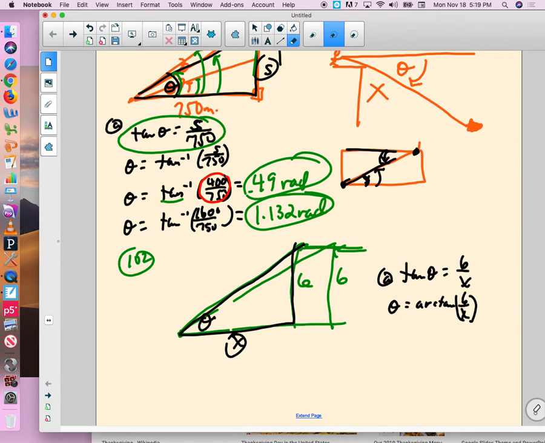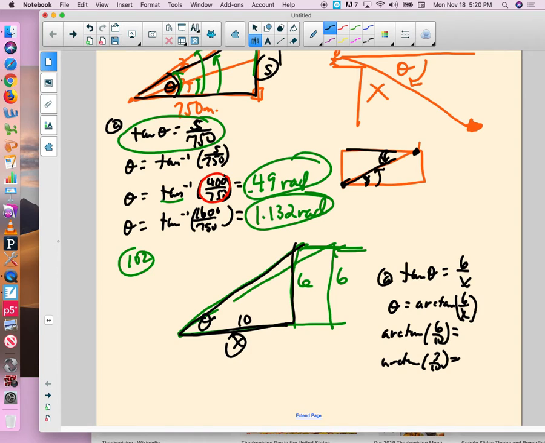So I'm going to push arc tangent when x is 10 and arc tangent when x is closer, or 3. Let's see what we would expect to happen here. When x is 10, as opposed to when the plane gets closer and x is something smaller like 3, the angle should grow as the plane gets closer.